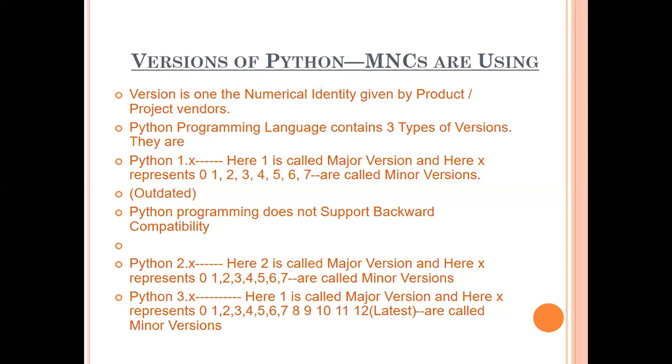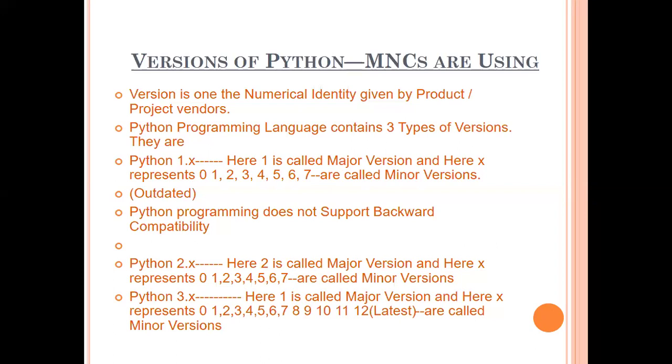We can always go ahead with 1.1, 1.2, 1.3, 1.4, 1.6, 1.7, and so on. All these are the minor versions. Now, 1.x, 1.7 or 1.8, all these versions are outdated.